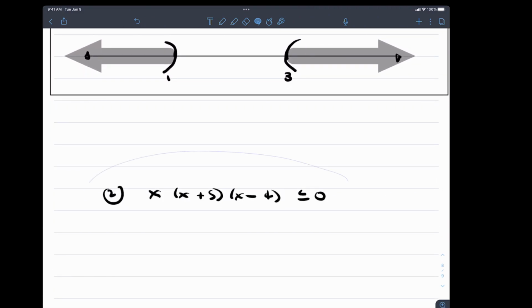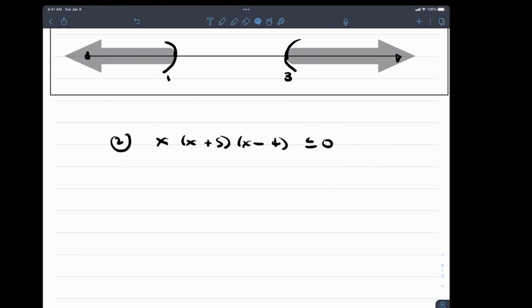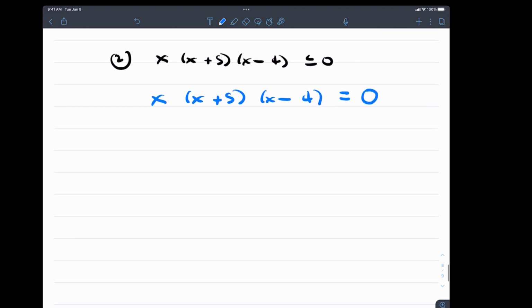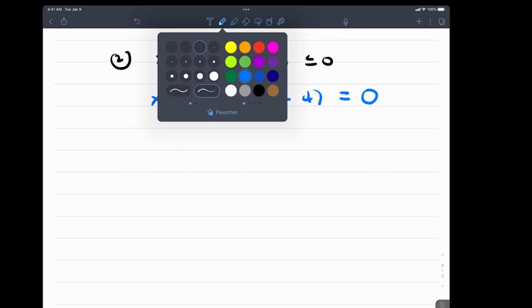Now, this situation number 2, so you guys know, remember the first step is to solve the equality. Now, this is kind of nice for you guys here. Anybody know why this one's kind of nice? You don't have to factor.